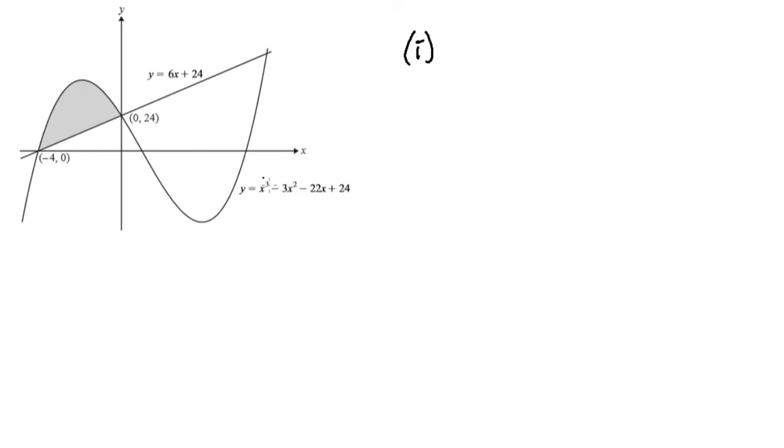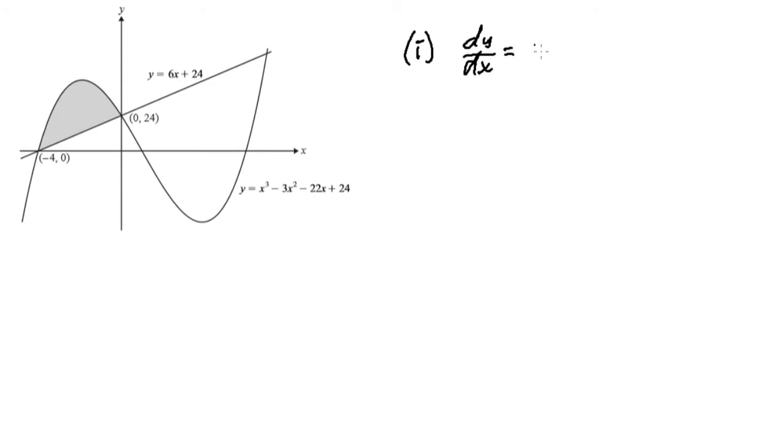Okay, so let's start with the first part. Differentiate this expression to find the turning points, or stationary points. So first dy by dx. This is just a normal polynomial, so you just use the normal differentiation rule: drop the power and take 1 from the power.